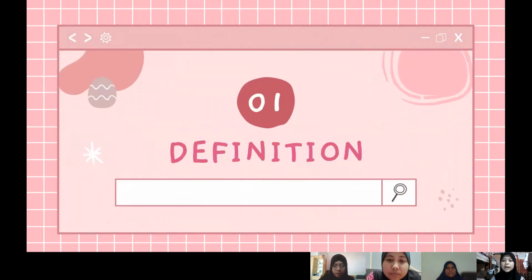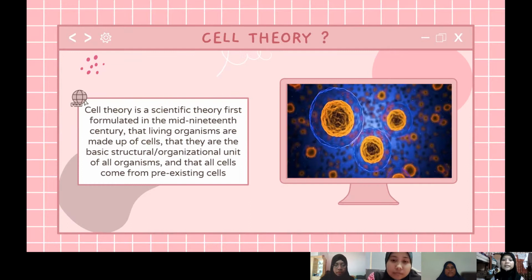Okay, for the first part, I will share the definition and explain what cell theory is. Cell theory is a scientific theory formulated in the mid-19th century that living organisms are made up of cells, that they are the basic structure or organizational unit of all organisms, and that all cells come from pre-existing cells.